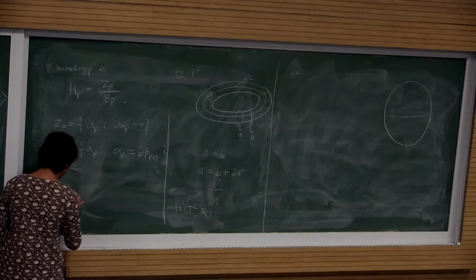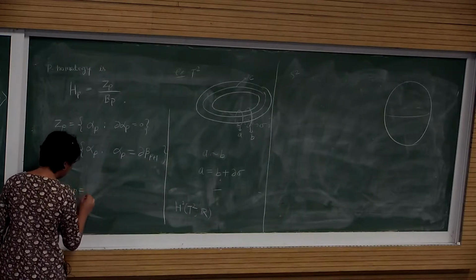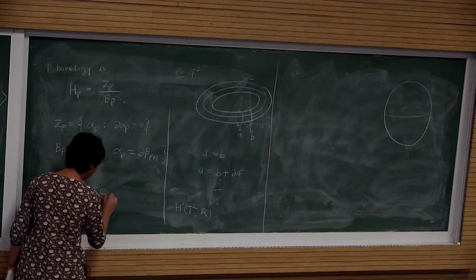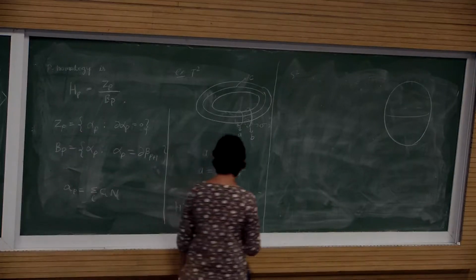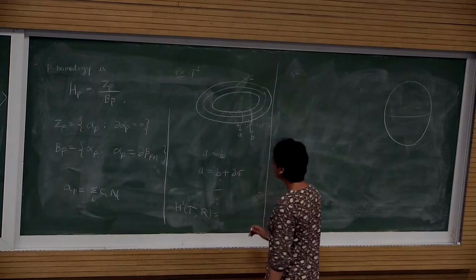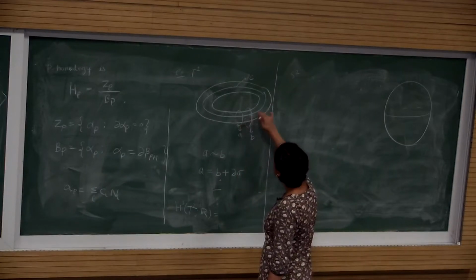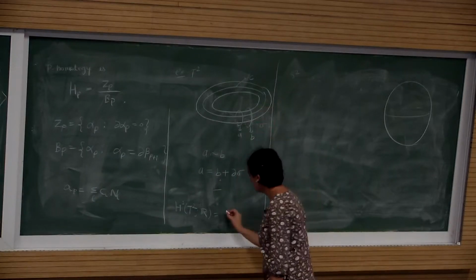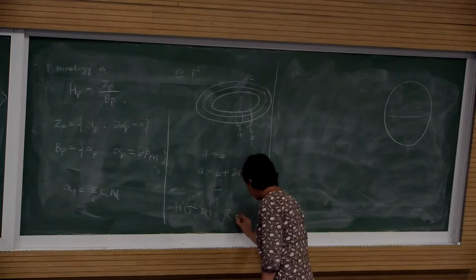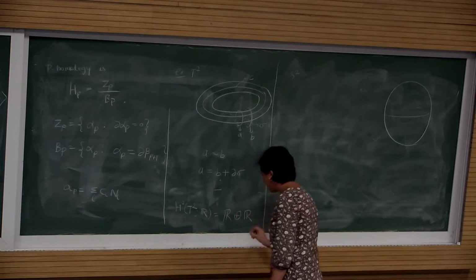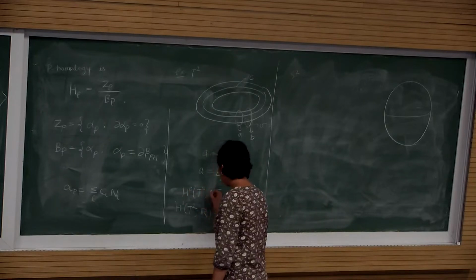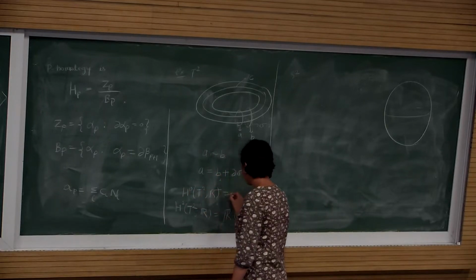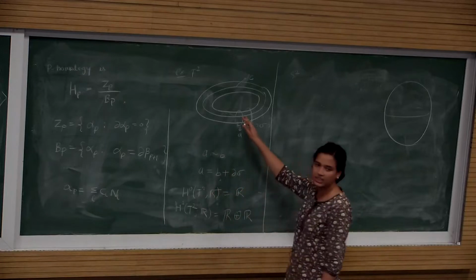So alpha P was given by this formal sum of c_i times chains, and this c_i we are taking to be a real number here. So H1 is R plus R, because we have two different types of cycle, and H0 for the torus is just R, because it's the collection of all points.